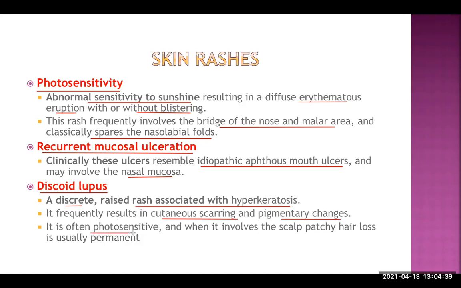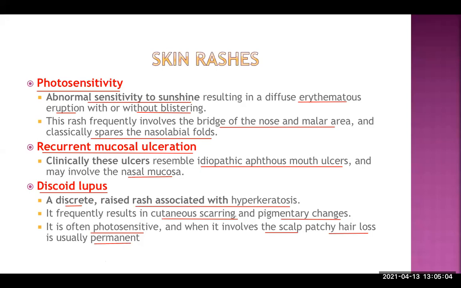These rashes are photosensitive, and when they involve the scalp area, they lead to patchy type of hair loss, and that patchy type of hair loss is permanent because it is caused by scar formation.